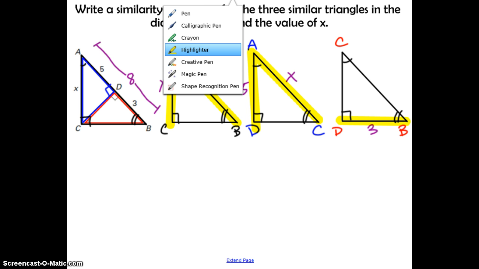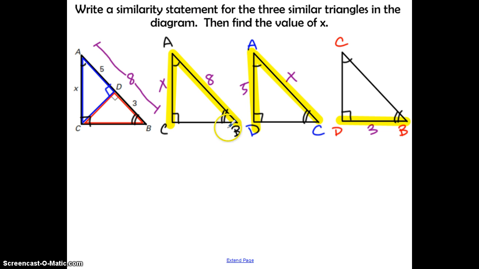So you want to look at the information that you have and determine which two triangles have two pieces of information in the same corresponding parts so that we can set up a proportion. Now in these two triangles we have the left side and the hypotenuse, left side and hypotenuse. In the third triangle we only have the bottom piece. So we're going to use this one and this one to set up a proportion.